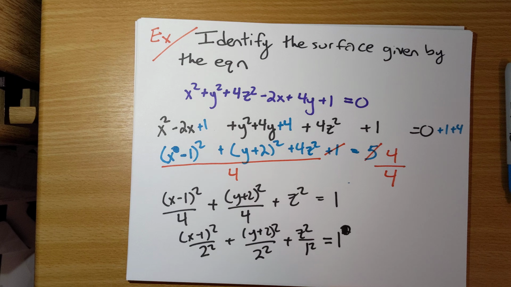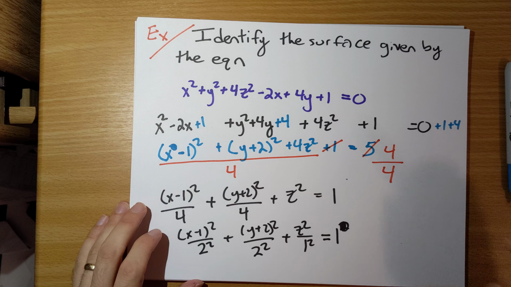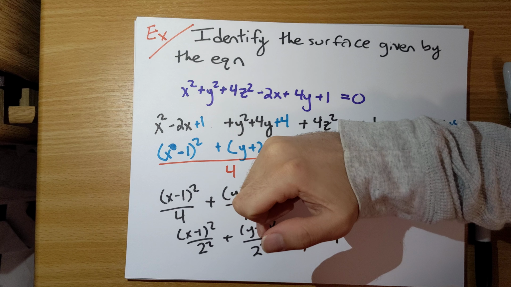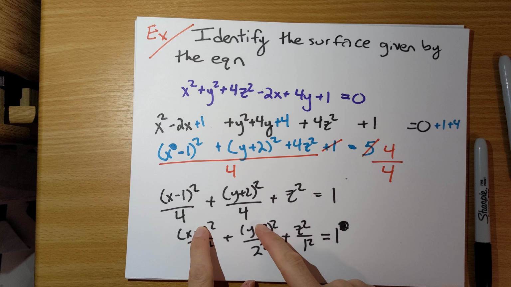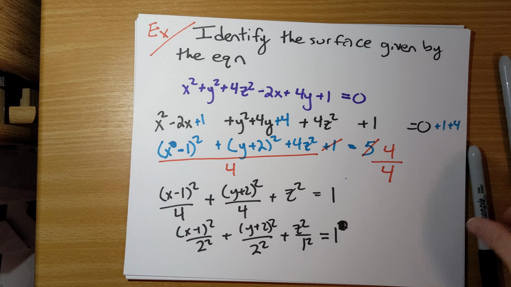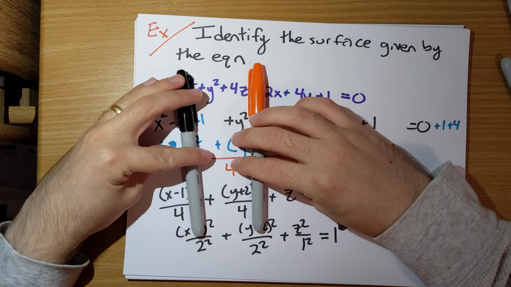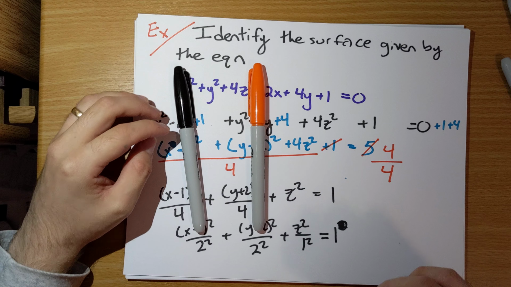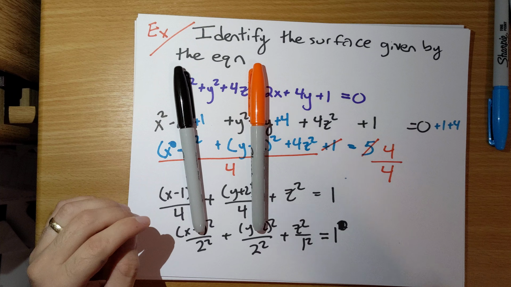And so does this look familiar? We haven't seen this exact thing before, but we should be making some connection to something we talked about earlier in the section. If we cover up that plus 2 there, and we cover up that minus 1 there, the shadows are kind of getting there. If those things just aren't there, then this looks like x squared over 2 squared plus y squared over 2 squared plus z squared over 1 squared is equal to 1. And that's the equation for an ellipsoid that we already talked about.